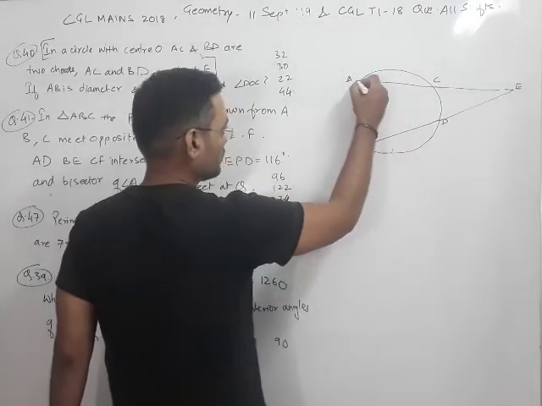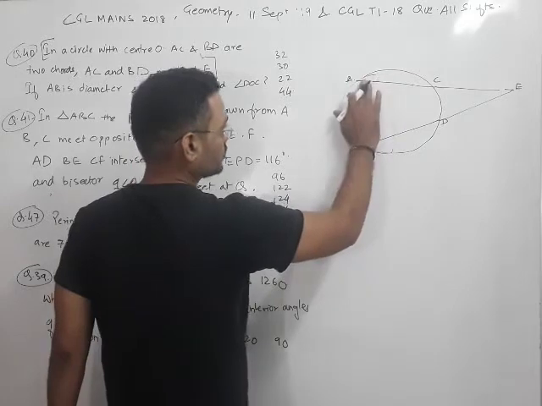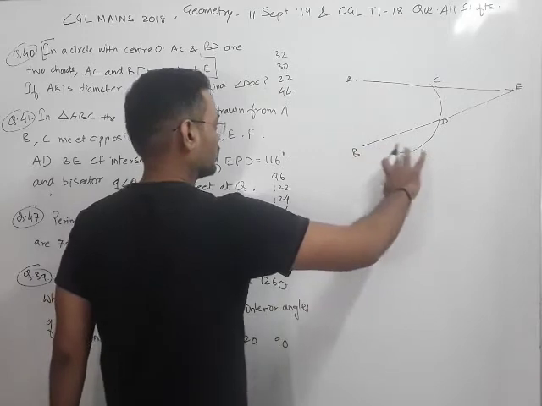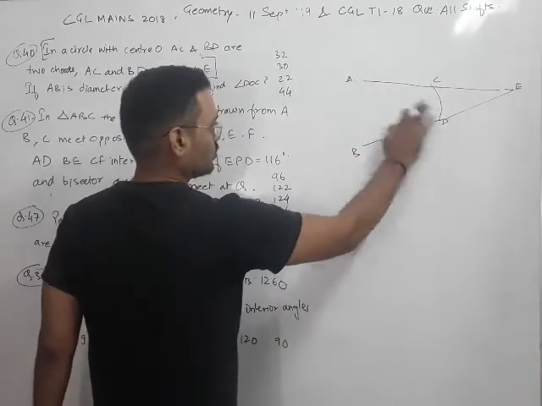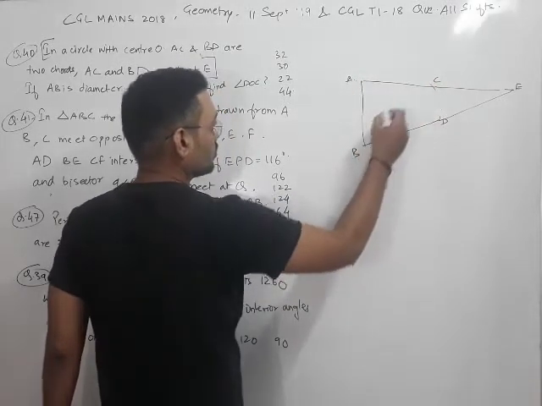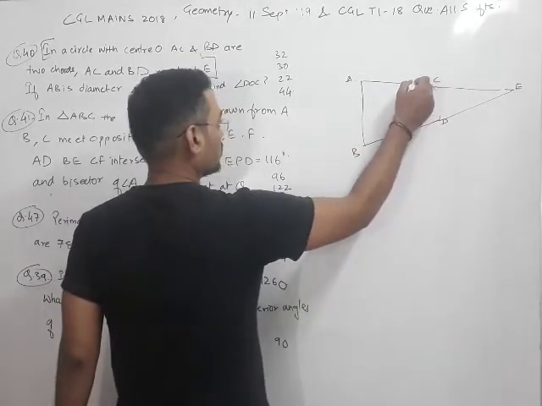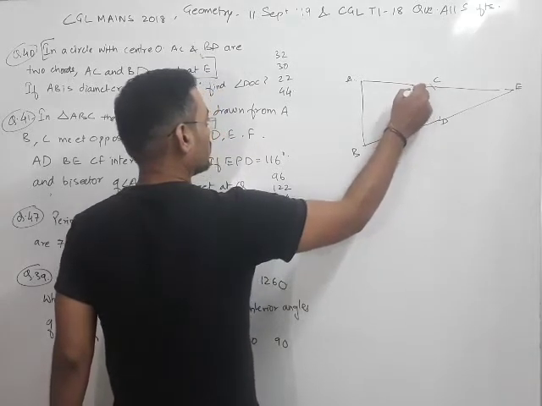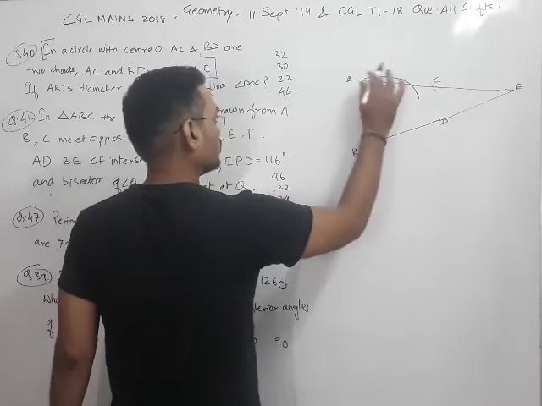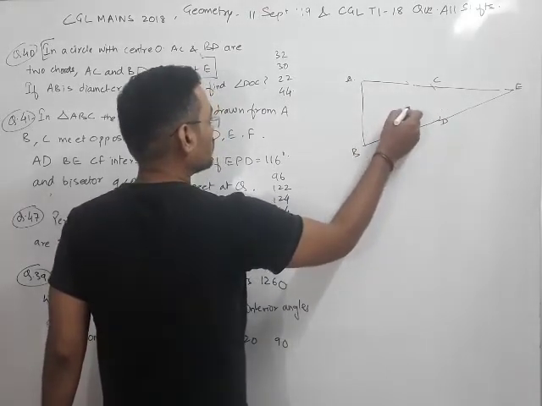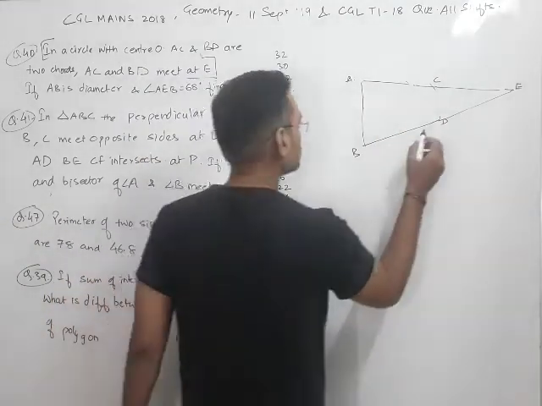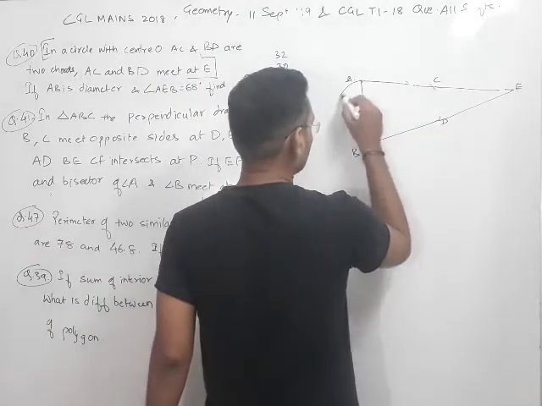They have further given that AB is a diameter, so the chord has to be such that, diameter, right?